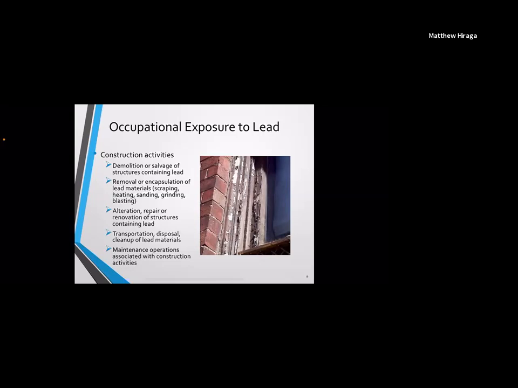Or at the very least, you understand, is this a child-occupied facility? And what does that mean? Is this a target housing by definition, which tells you it was built before 1978? There may be some additional requirements that need to be done, not just, come here, cut out all my drywall that's painted in lead-based paint, and then throw it in my neighbor's trash can. That's not always the option, okay?